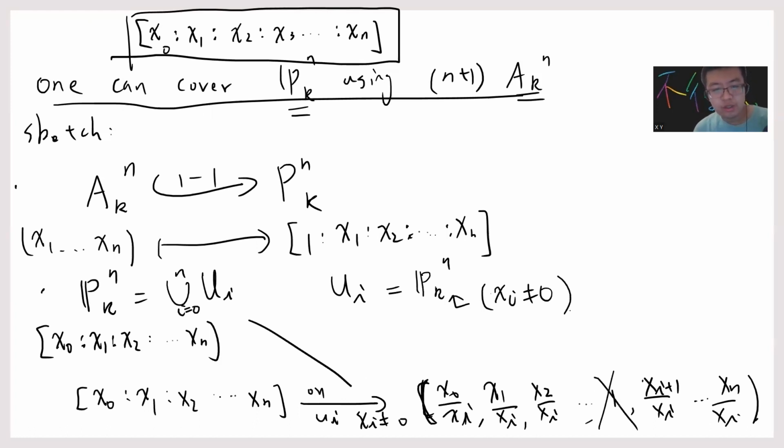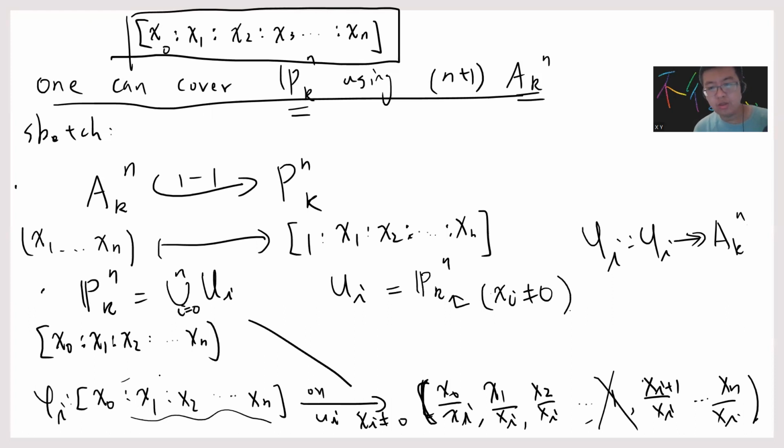Now you can see this cover, this map, let's call it phi i. This phi i maps Ui into the affine space A^n over k. And since xi is non-zero, this is onto: for every point in A^n, you can put it back here.